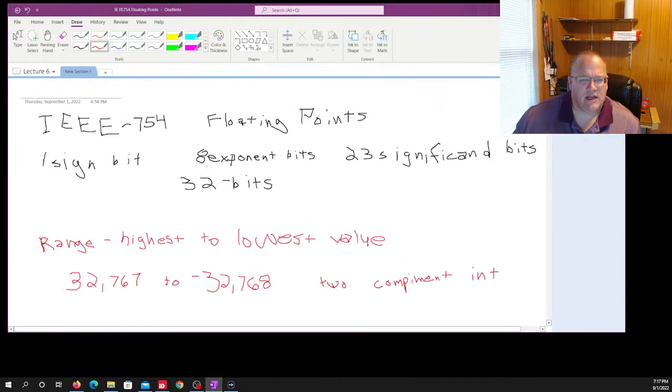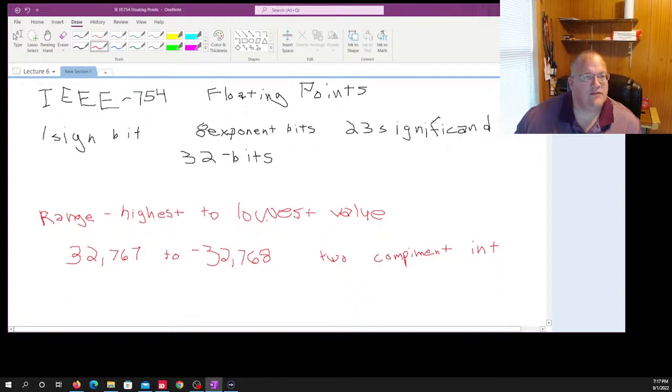It gives us a range. If we looked at the exponent range, the positives would be a 0 followed by 7 ones.